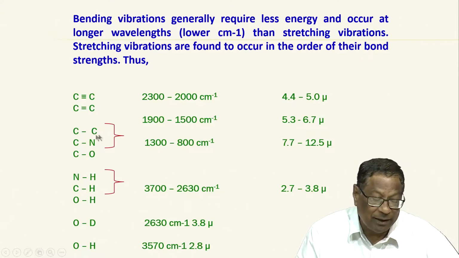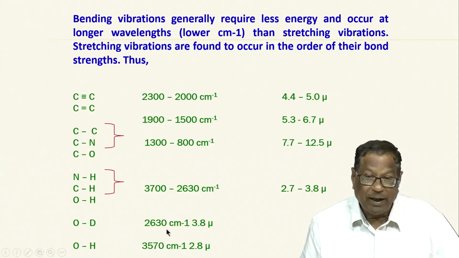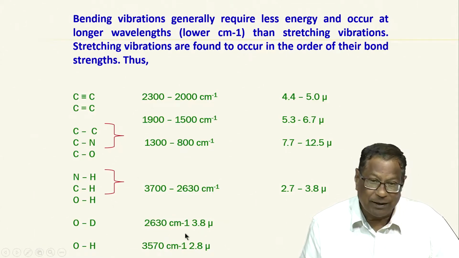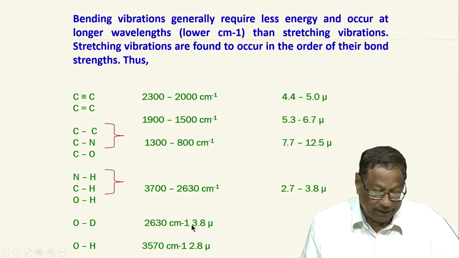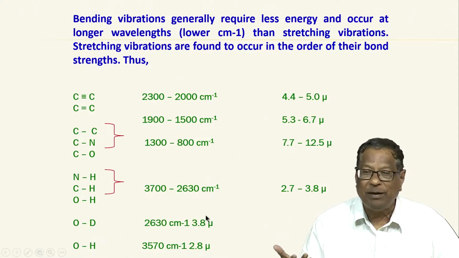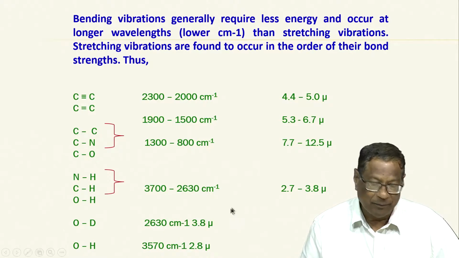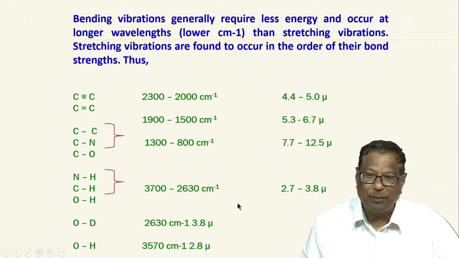Among the three, these are bending vibrations. You can see carbon-carbon single bond, carbon-nitrogen, carbon-oxygen at lower wavelengths. Similarly, different wavelengths for different compounds, and OD, OH different compounds. Like that, infrared spectroscopy can be used to interpret different IR peaks for different compounds.